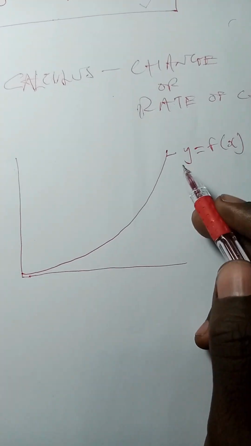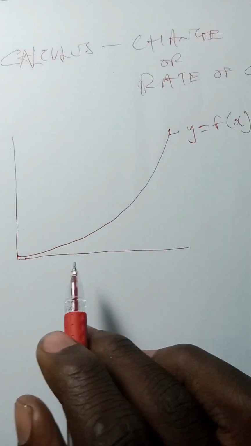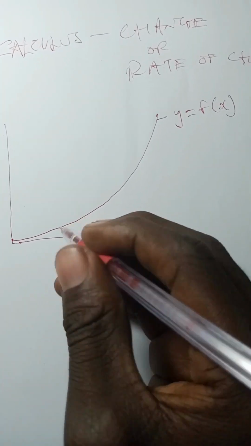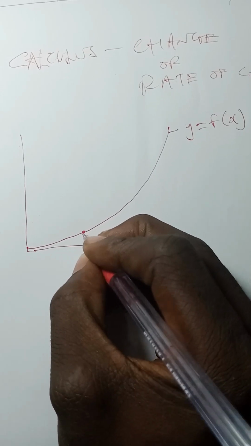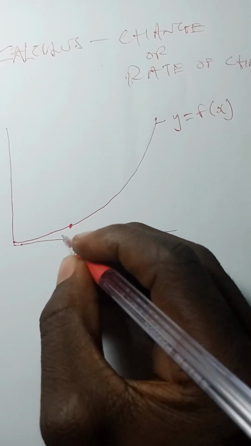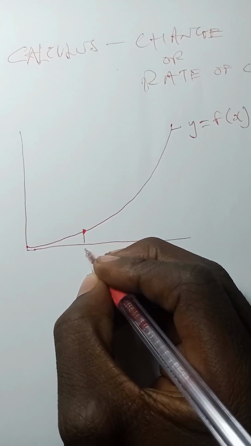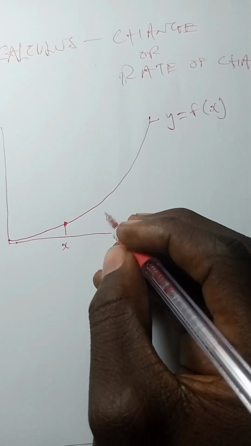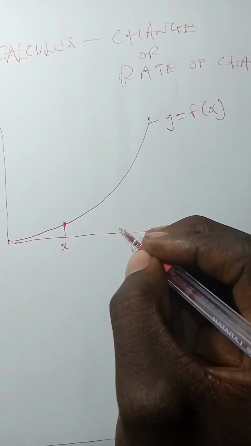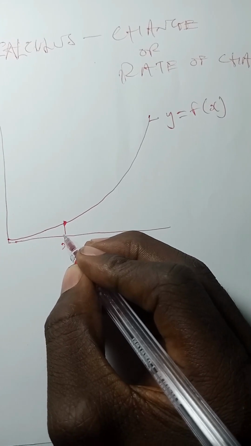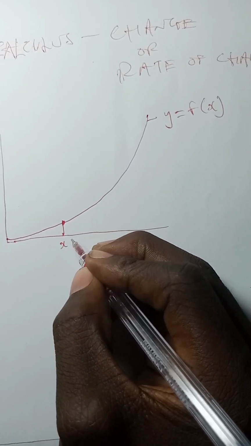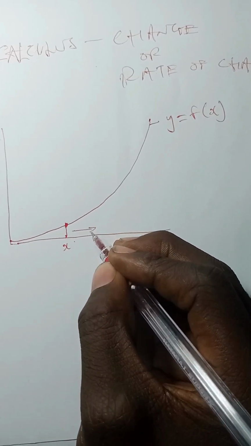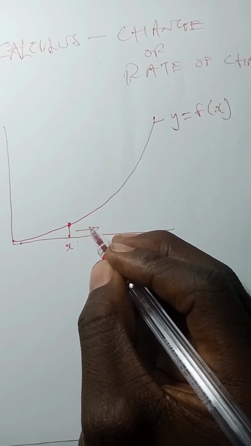Suppose we have y being f of x, and we also assume that we have 2 points. Let's say we have the first point here, which has a corresponding value of x, and let's say we have another point. Now as we move this side, we are definitely increasing by a certain quantity.